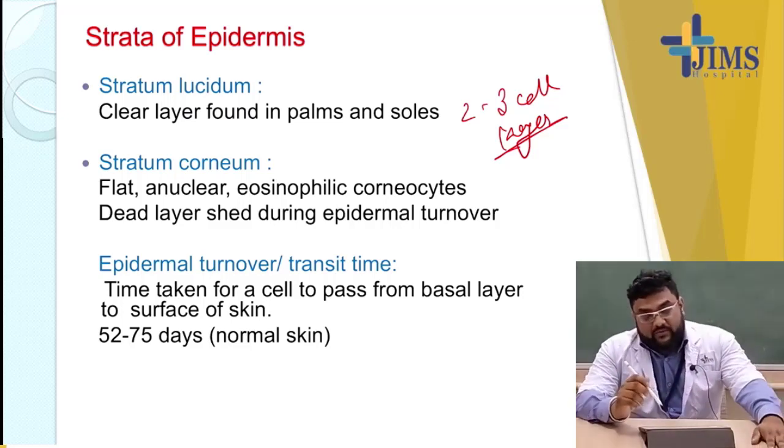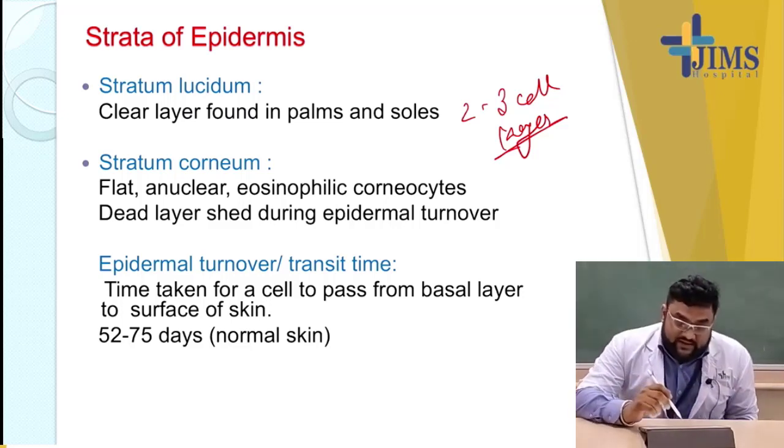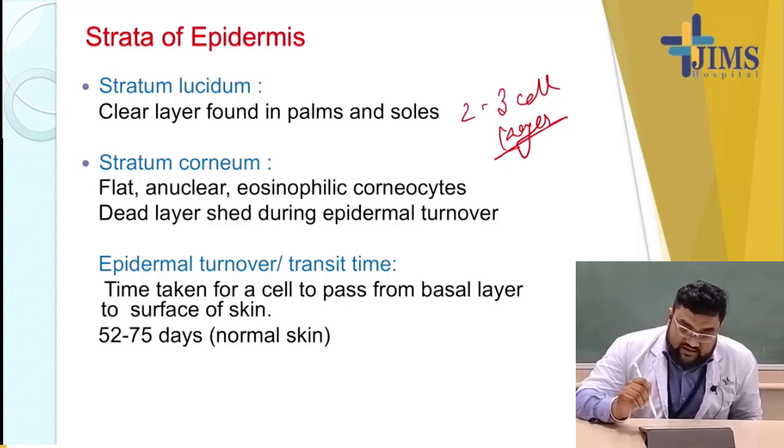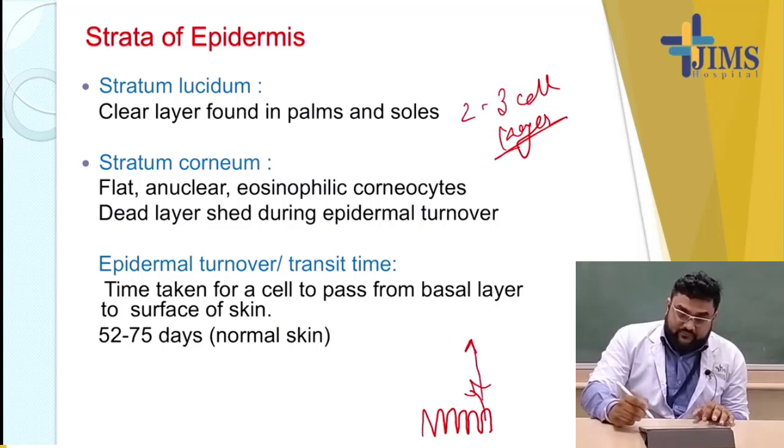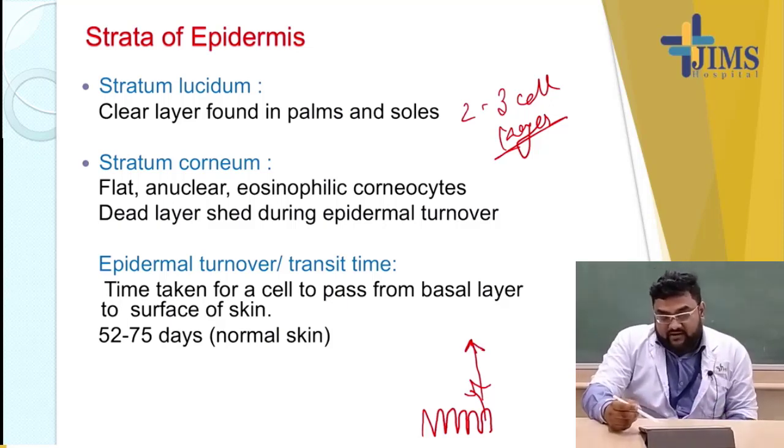Now, what is the epidermal turnover or the transit time? It is the time taken for a cell to pass from the basal layer to the surface of the skin. What usually happens is that in the basal layer we have the daughter keratinocytes, and these cells divide and form the cells above, like the stratum spinosum, granulosum and the stratum corneum.